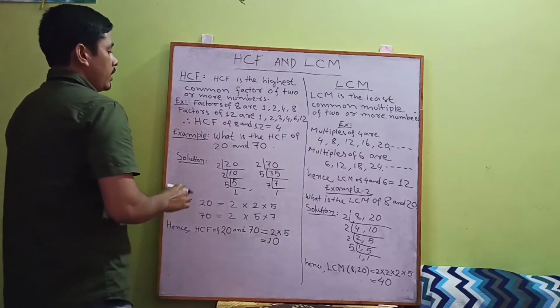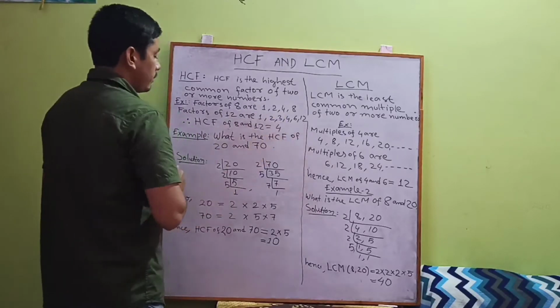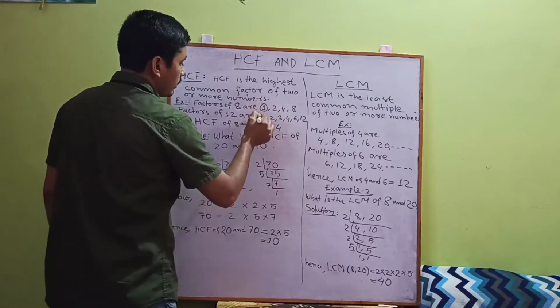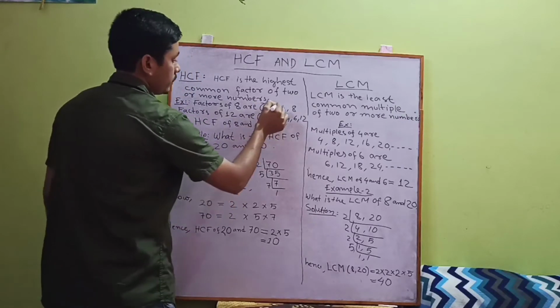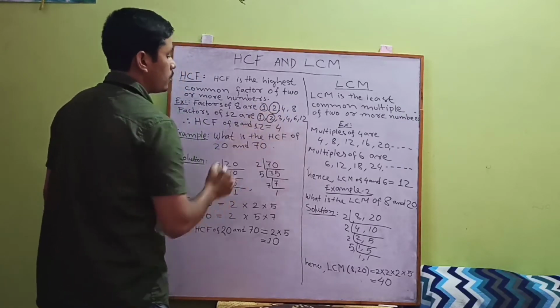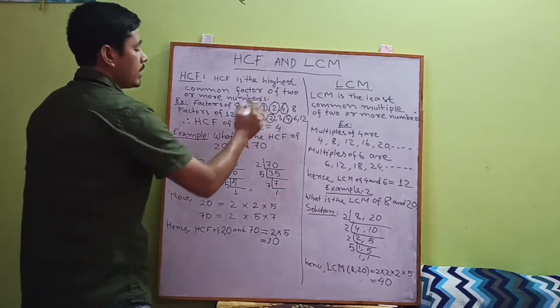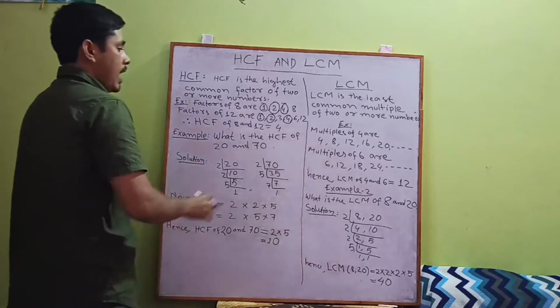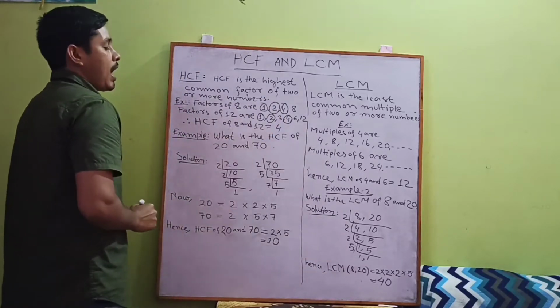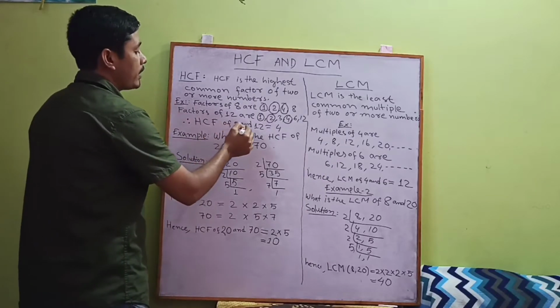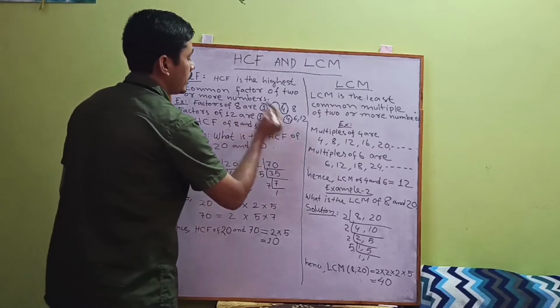Among these factors, the common factors are 1, 2, 4. These are the only common factors. Among these common factors, the highest factor is 4. That's why the HCF of 8 and 12 is 4.